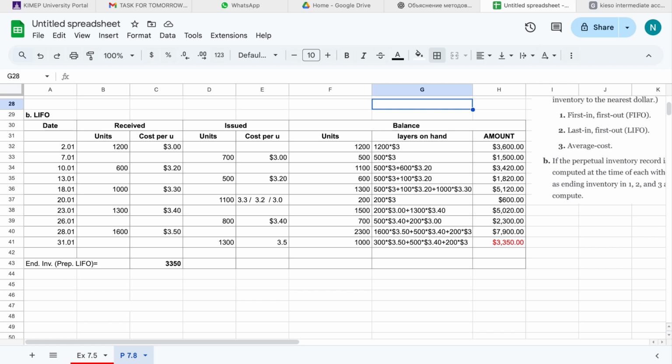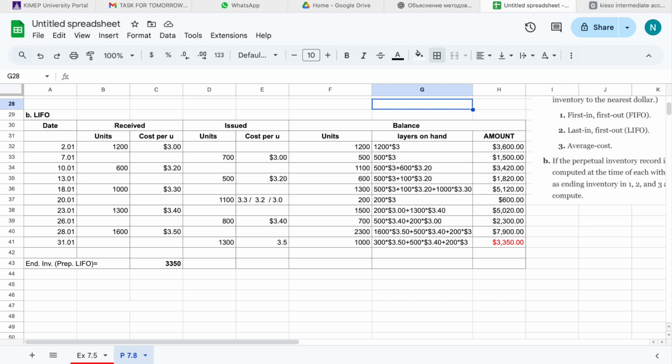For January 18th, we bought 1000 at 3.30. That means our first layer is 1000 at 3.30, the second layer 100 at 3.20 and the third layer 500 at $3. So the total amount for the buy is 4130. And also on January 18th we have the issue of 300.